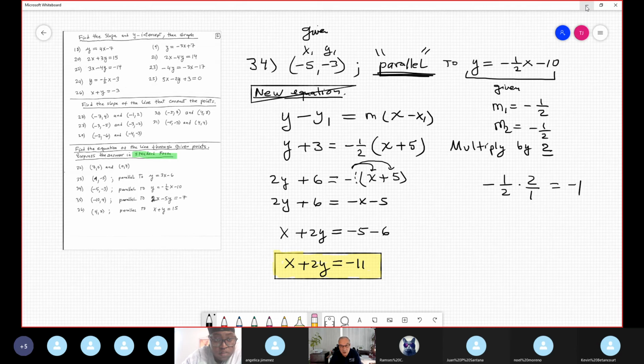Desmos is a fantastic graphing calculator, no? It's free, it's beautiful. Let me try to share the screen of Desmos to illustrate the procedure.